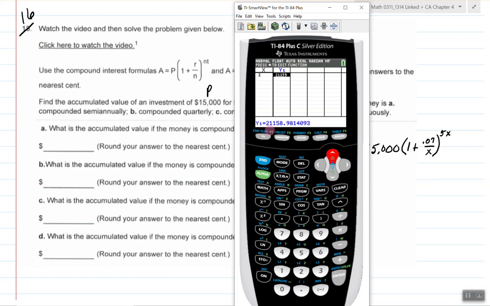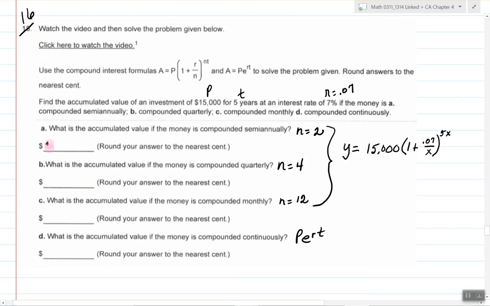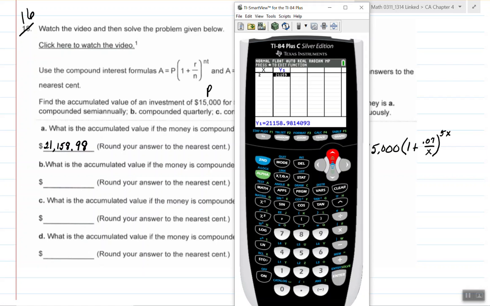This is $21,158.98. It's said to the nearest dollar. So I will put in 21,158.98.